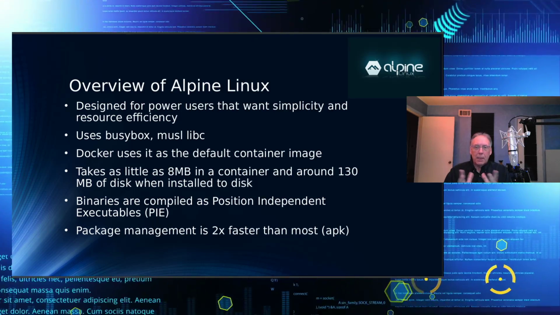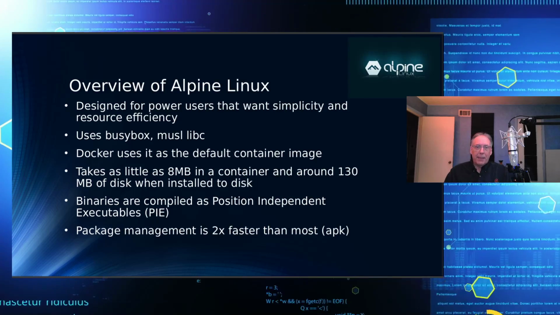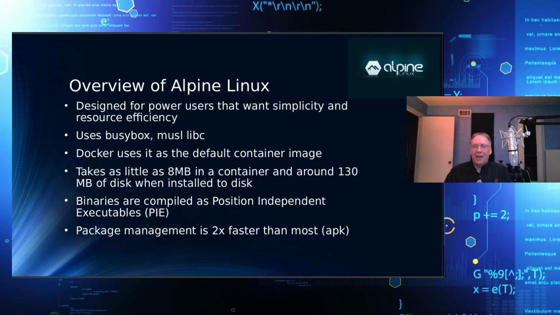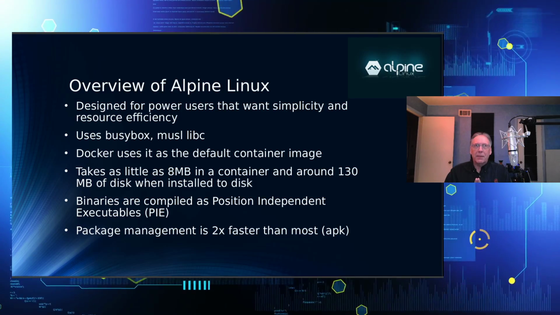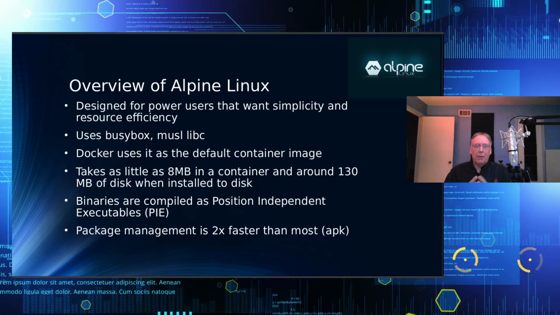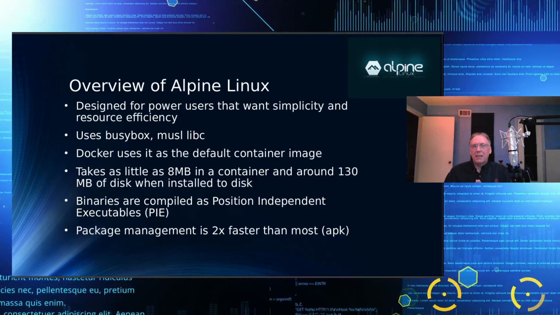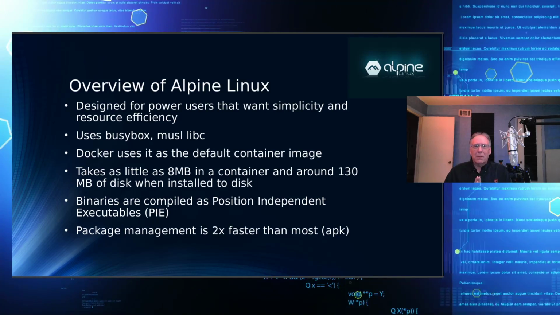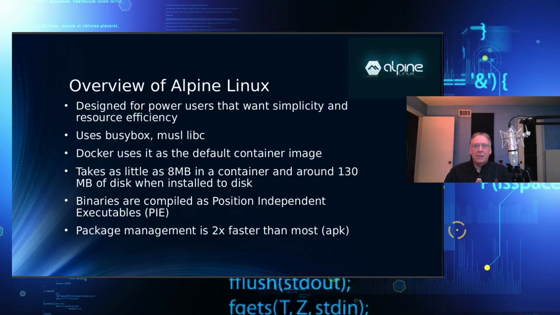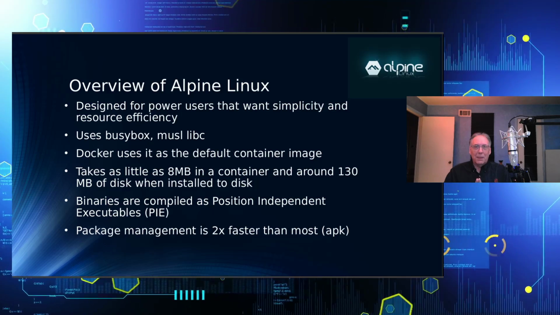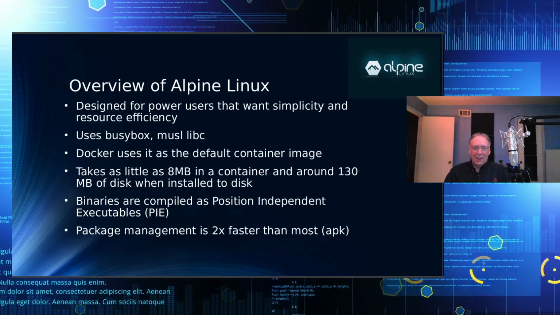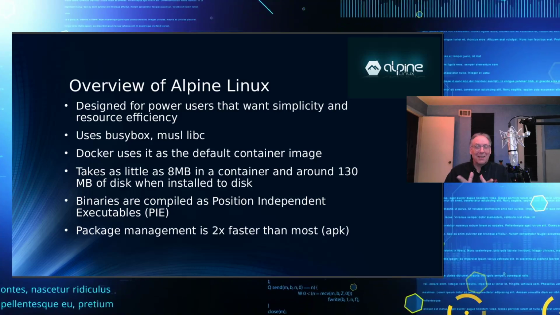They say 130 megabytes of disk when installed, but I don't know which one that is. When I've installed Alpine Linux, I'm getting about 730 megabytes of disk storage. So it's certainly a lot smaller than Ubuntu. Ubuntu is upwards of around 5 gig when you install it to disk, and that's the server version.